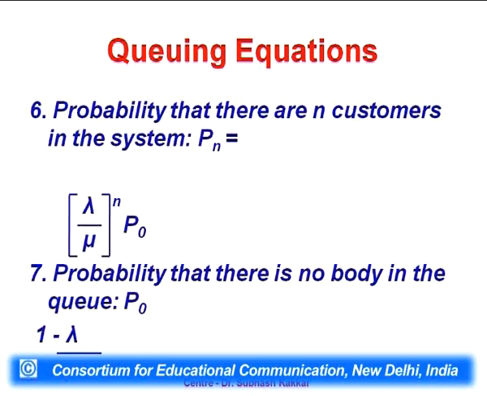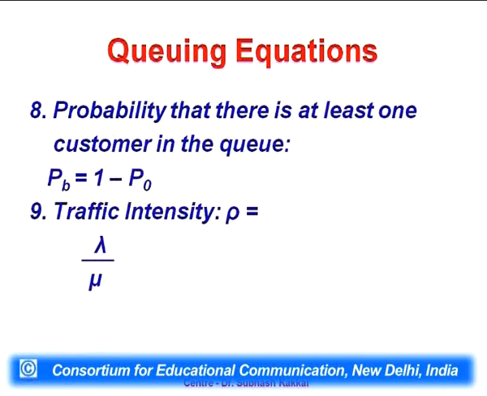And the probability that there are n customers in the system, Pn, is equal to lambda by mu raised to power n into P naught. And then the probability that there is nobody in the system, P0, is given by 1 minus lambda divided by mu. So, these are the formulas we have to remember while considering the problems of queuing theory, the queuing model. The probability that there is at least one customer in the queue is given by 1 minus P0. Traffic intensity, which we have already discussed, is given by rho, which is equal to lambda by mu.